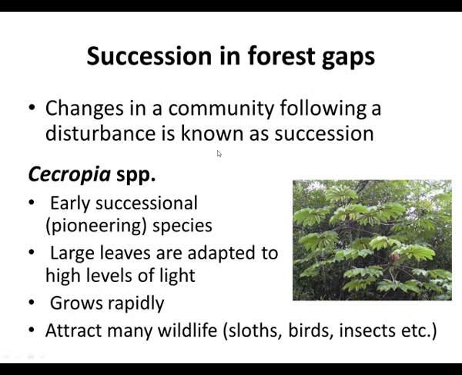So Cecropia is one of the plant groups that we may see. I think we are going to be seeing it. It's widespread, and it's one of the early successional species in rainforest, and sometimes we call them pioneer species. They have adaptations to absorb all the available sunlight, large broad leaves, and they have high growth rates, so they can grow really fast.